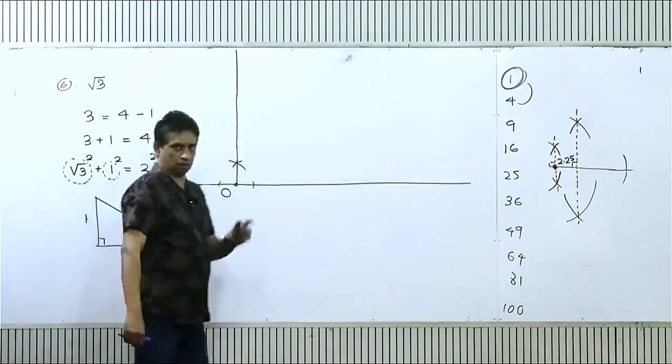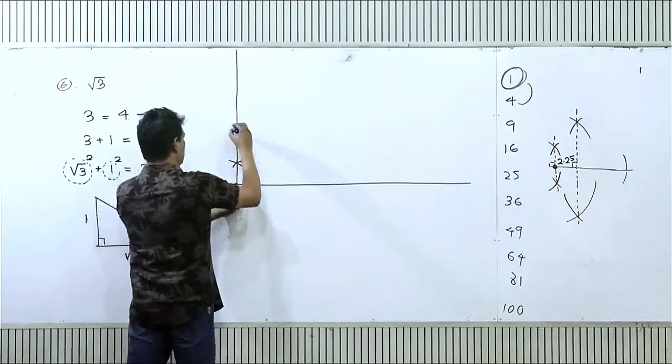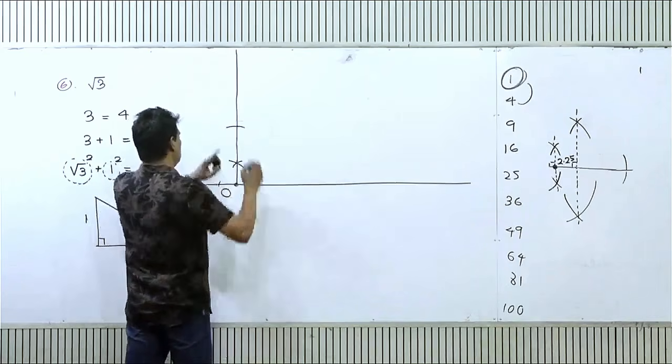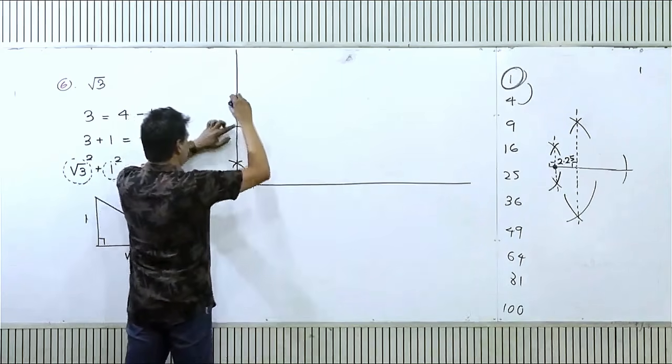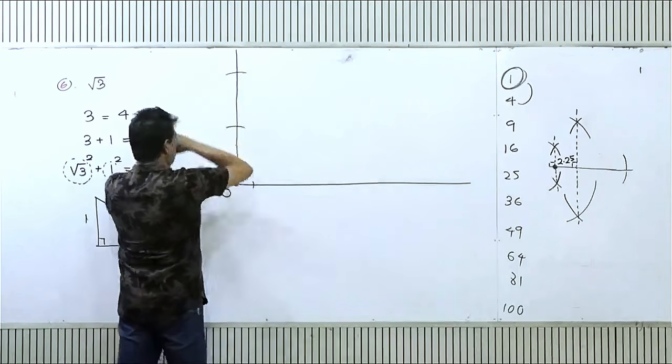Now we take any distance on the compass, put the end here and draw an arc. Without changing the distance, we put the end here and draw an arc here.